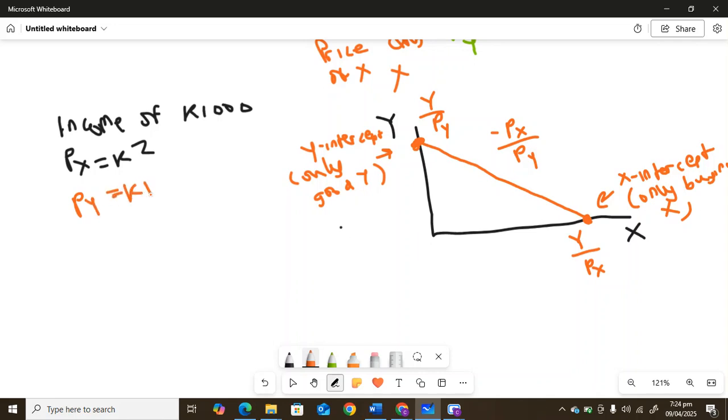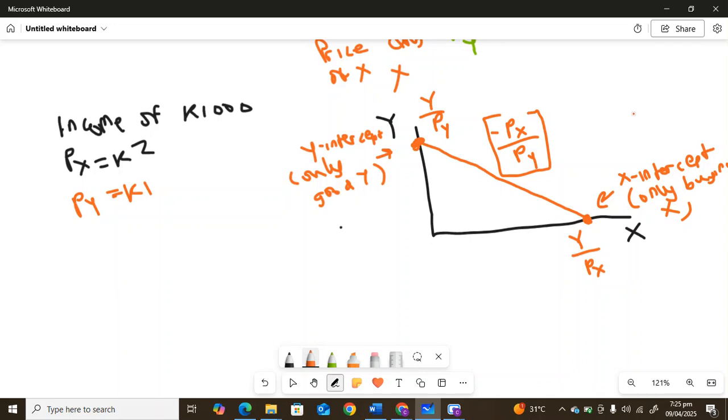Basically, with this income of 1,000 kwacha, our x-intercept will tell us how many units of good X we can buy if we just buy good X. Then our y-intercept is going to show us how many units of good Y we can buy with our 1,000 kwacha. Then our slope would tell us how many units of good X we need to give up to get 1 unit of good Y.